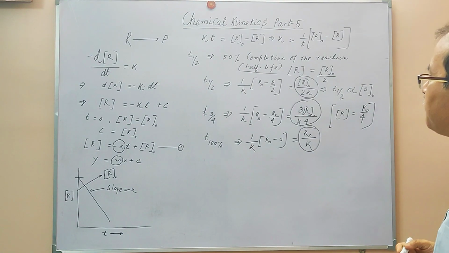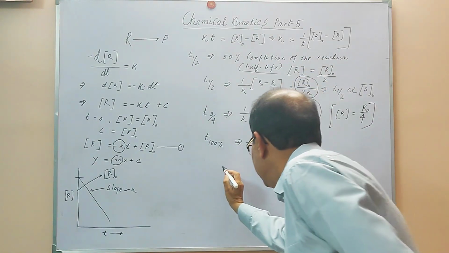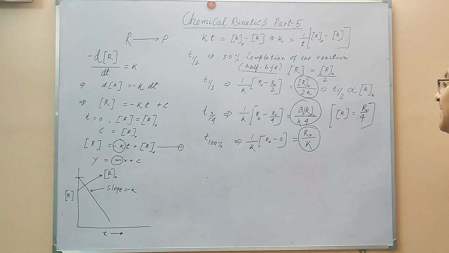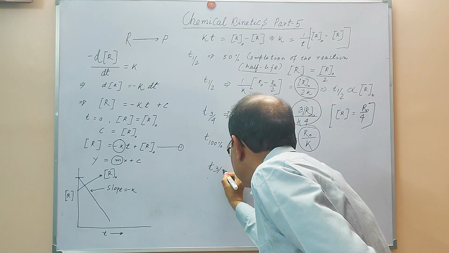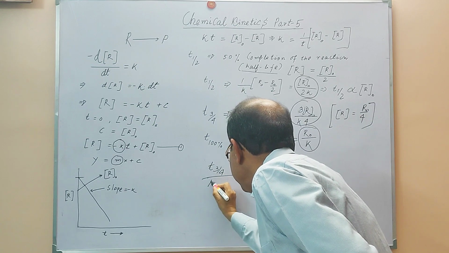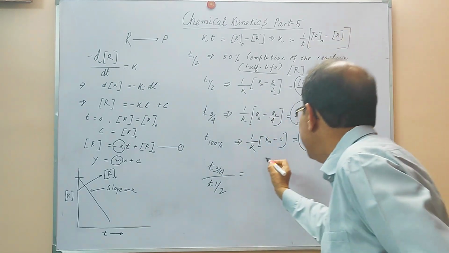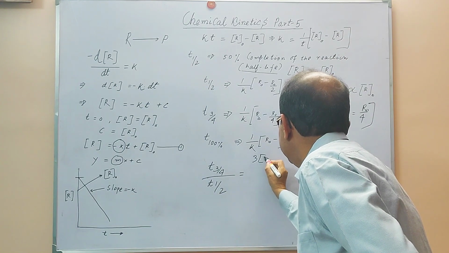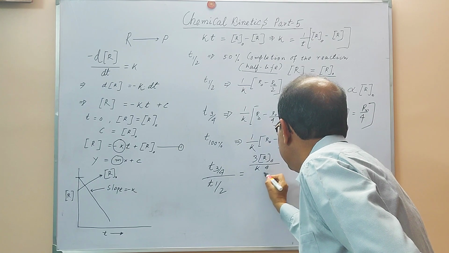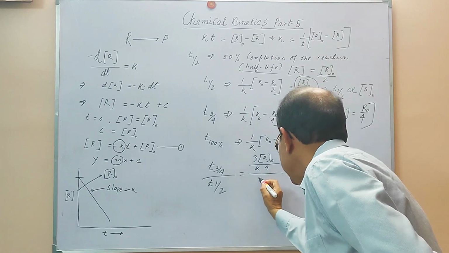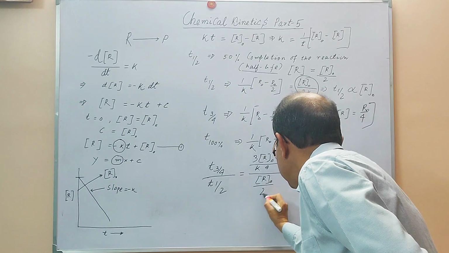Okay. So if we take the ratio, what we will find? Now we want to calculate the ratio of T 3/4 by T half. It will be 3R0 by 4K divided by R0 by 2K.